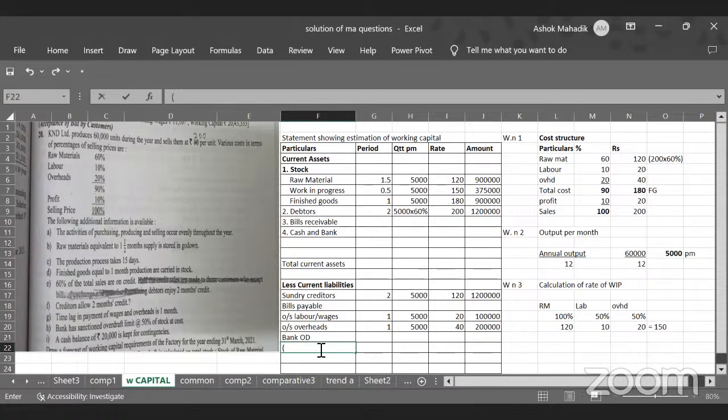I'll do it here directly. 9 lakhs plus 3,75,000 plus again 9 lakhs.